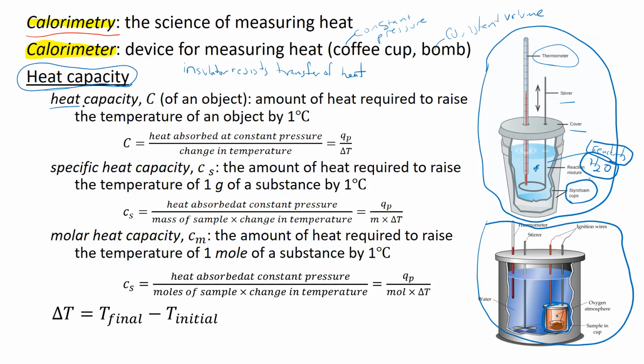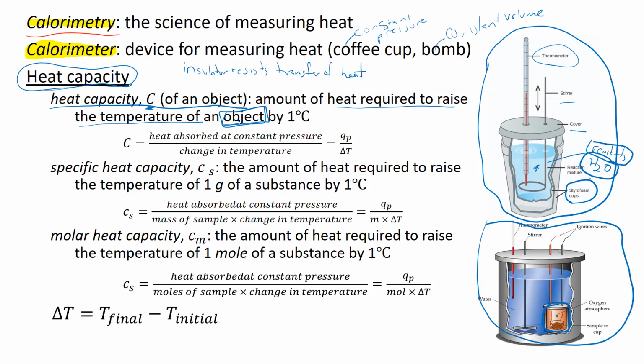Just in general, a heat capacity of an object, which is abbreviated with a capital C, right? So here's our capital C. The heat capacity of an object is the heat required to raise the temperature of, in this case, an object by 1 degree Celsius. And so that's the key here. It's the object itself.